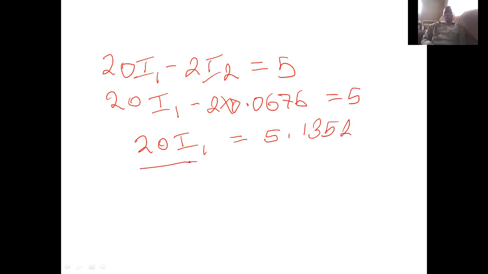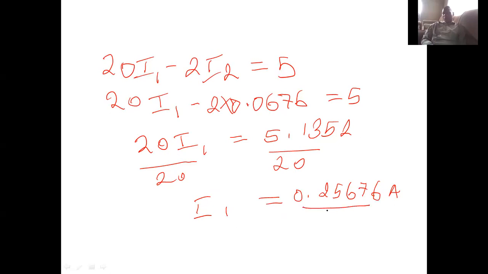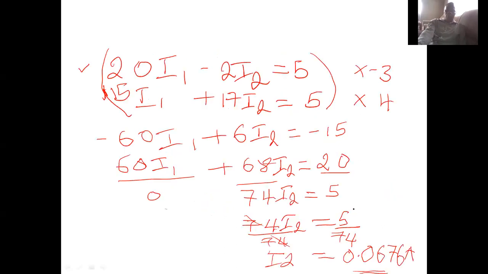You can divide here by 20 and there by 20. So your I1 will be equal to 0.2567 amps. So we have found our I1 to be that value.